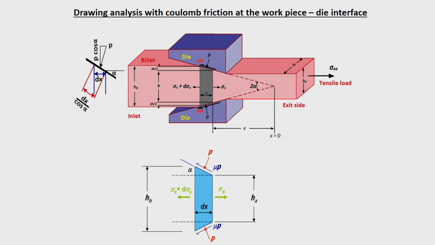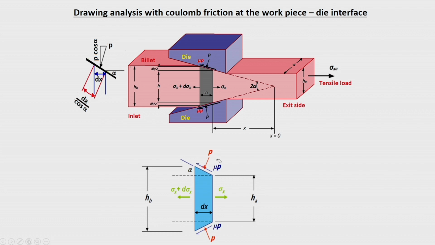Now, if you isolate the element and draw the free body diagram, then you will find that the stresses are like this, sigma x along the negative direction. In this direction, you will find a change in the stresses, sigma x plus d sigma x, across this length dx, and then you have the force P acting in this direction, and then you have the frictional force mu P acting in this direction.